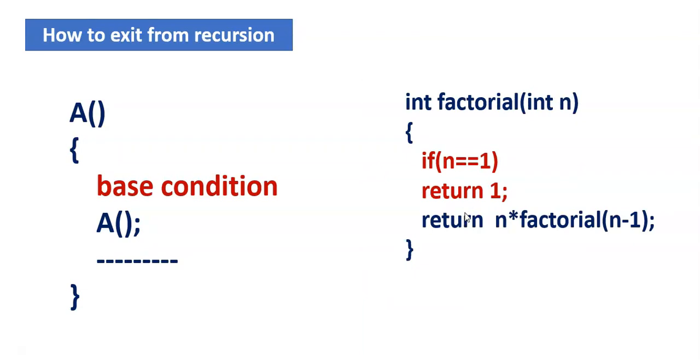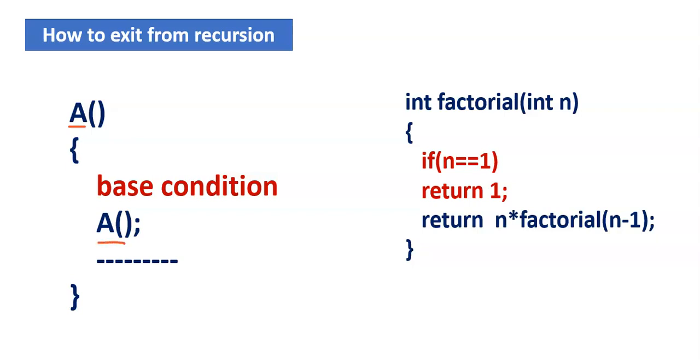Now we see another important concept in recursion, that is how to exit from recursion. Then we may get a question, why do we need to exit from recursion? What is the need of exiting from recursion? Now observe here, this is the recursion concept. A is the function. At one point of time it is calling itself.